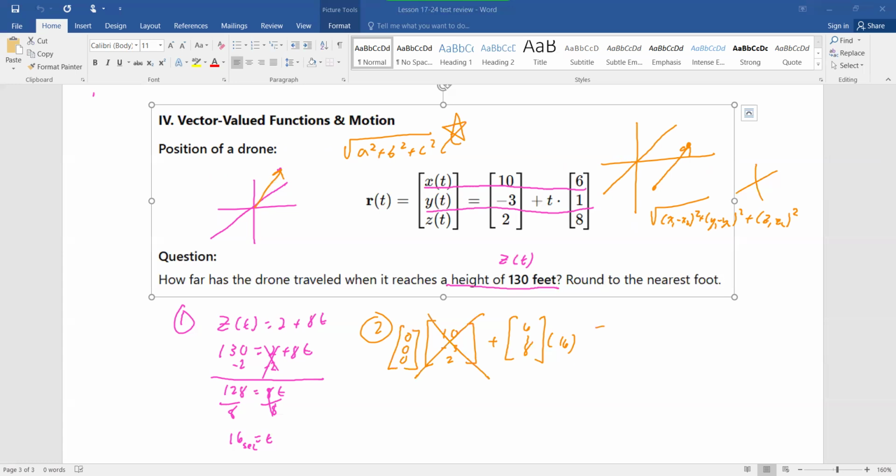So in this case, 16 times 6, 16 times 1, 16 times 8. Now this is what the vector had moved in 16 seconds. So now I'm ready to do 96 squared plus 16 squared plus 128 squared.